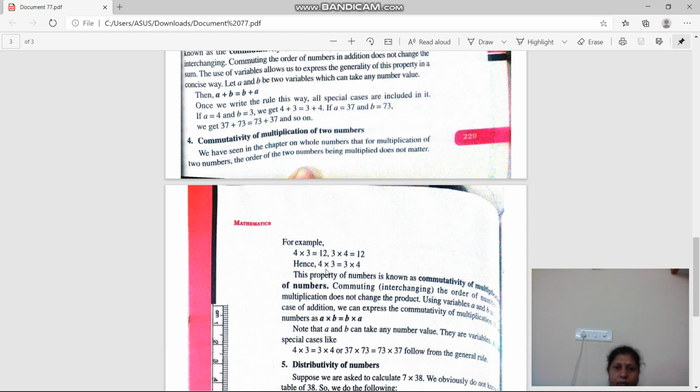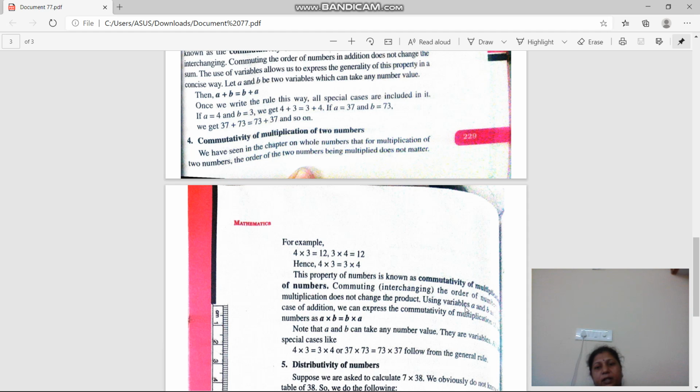So 4 into 3 is equal to 3 into 4. This property of numbers is known as the commutative property of multiplication of numbers. Commuting means interchanging the order of the numbers. Multiplication does not change the product.